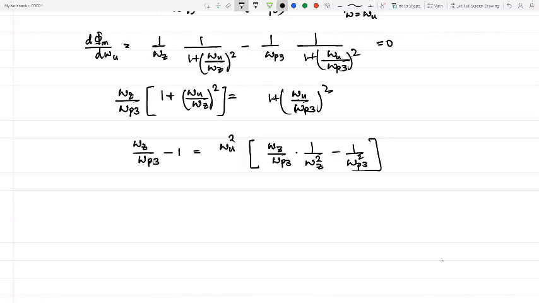Okay, so this thing cancels out. So what I have, omega z by omega p3 minus 1 is omega u square by omega p3 into 1 by omega z minus 1 by omega p3.